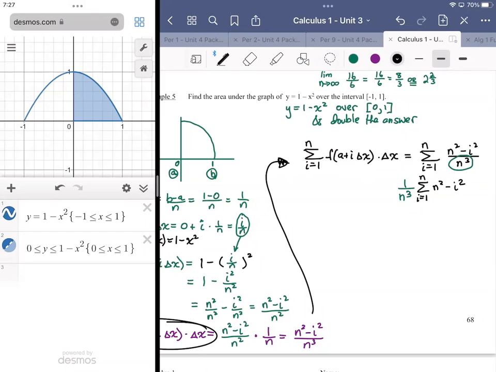But then I could also break up that difference and make that two separate summations. So this would become 1 over n cubed times the sum from I equals 1 to n of n squared. So I'll put a little square bracket here, minus the sum from I equals 1 to n of I squared.